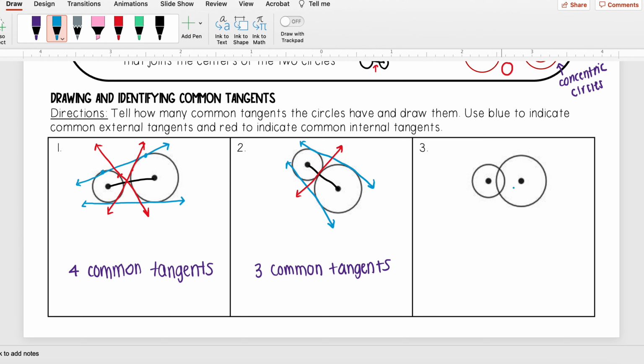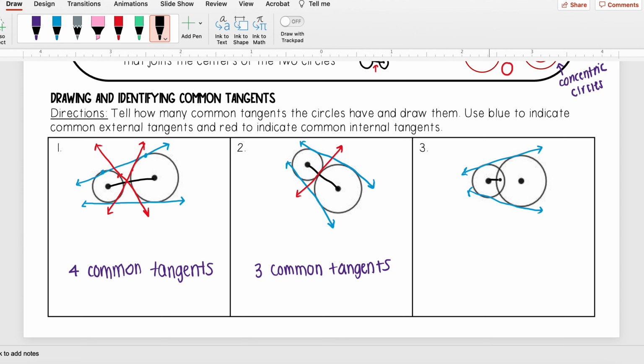Okay, and then looking at this last one, here I see I have 2 circles that are overlapping. So first, I know I can have common external tangents on top and bottom, just like I had for the other 2. But now, however, when I try to draw an internal one, I can't because these circles are overlapping.